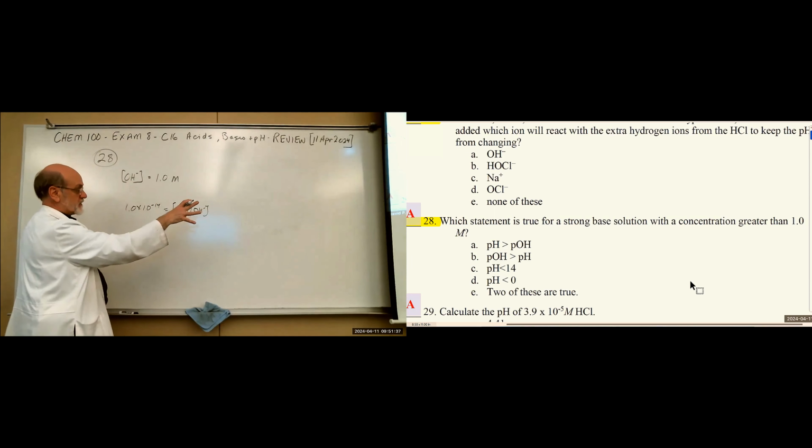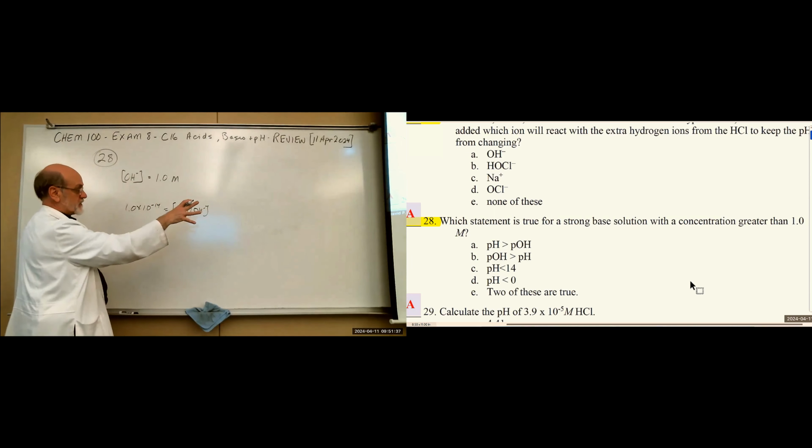All right, 41. Choose the pair of concentrations that cannot be in a given aqueous solution at 25 degrees C. All right, so look at the answers. We'll give you a clue as to how to approach the problem. Hydrogen ion concentration, hydroxyl ion concentration.